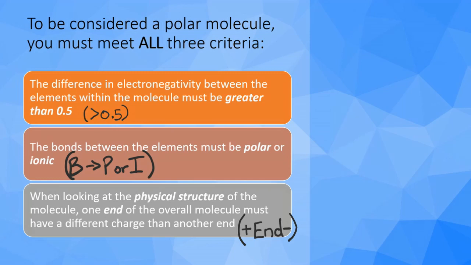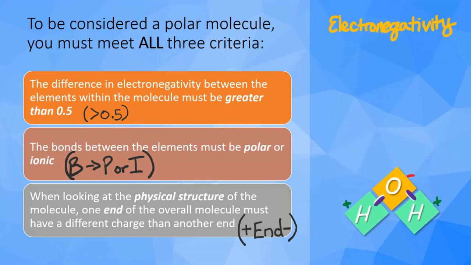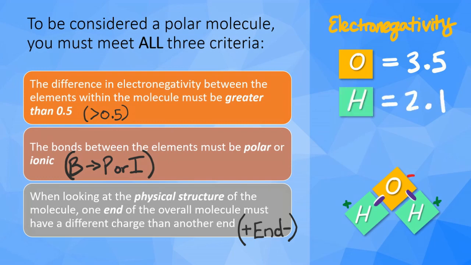So let's look at water as an example. When we go to our periodic table that shows us the electronegativities of each element, we see that oxygen has an electronegativity of about 3.5, while hydrogen is about 2.1.